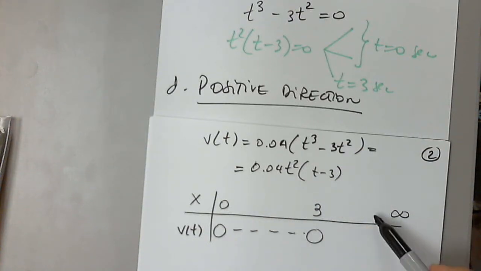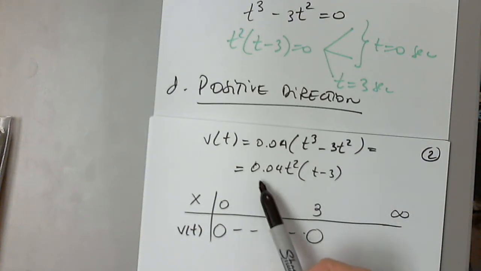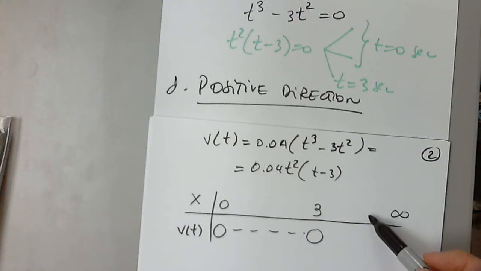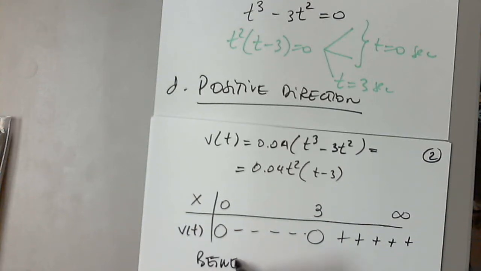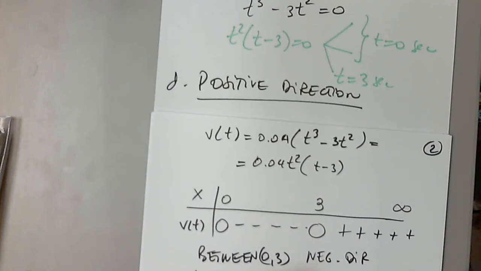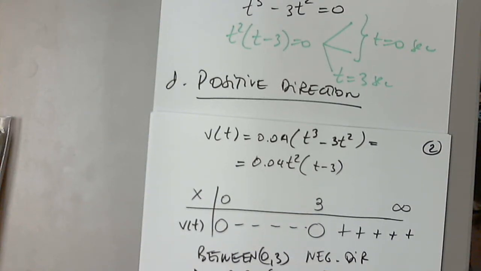Negative. Pick a number like 4 and give me the sign of this expression. Positive. So I will say between 0 and 3, negative direction. After 3 to infinity, positive direction.